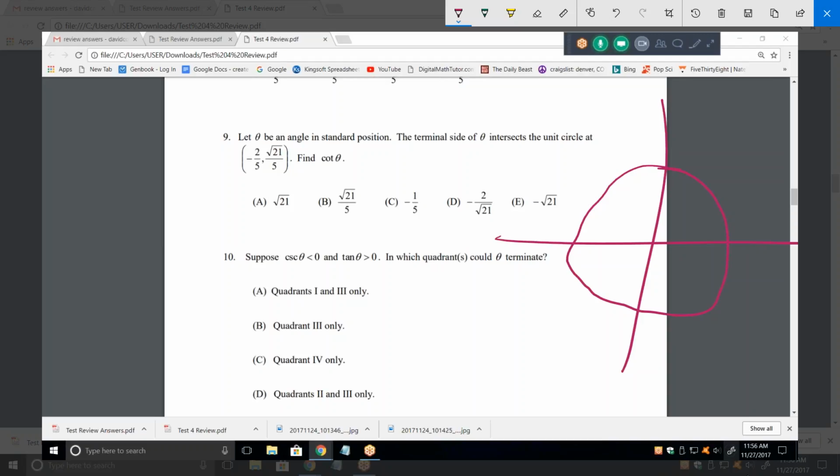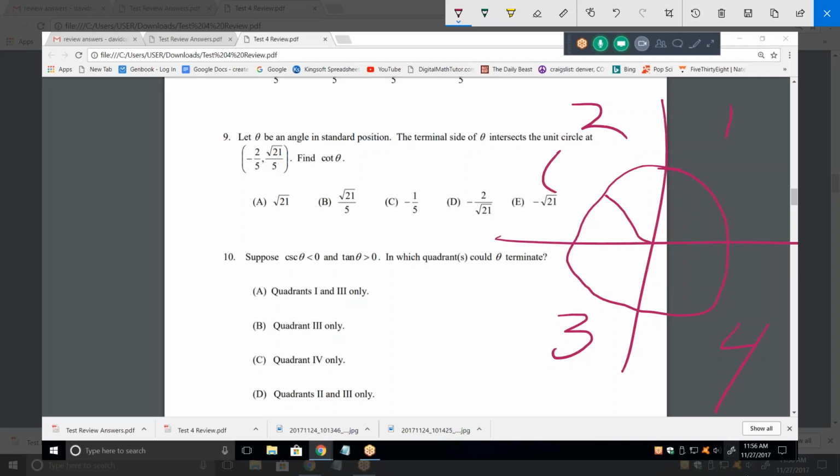Well, which quadrant is that? 1, 2, 3, or 4? B2. Yeah, it's a ray.